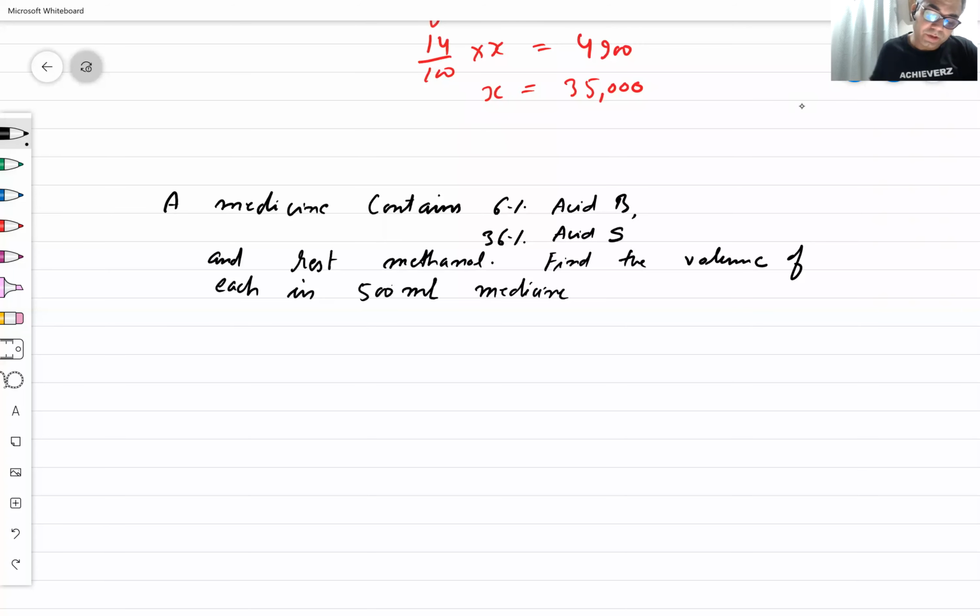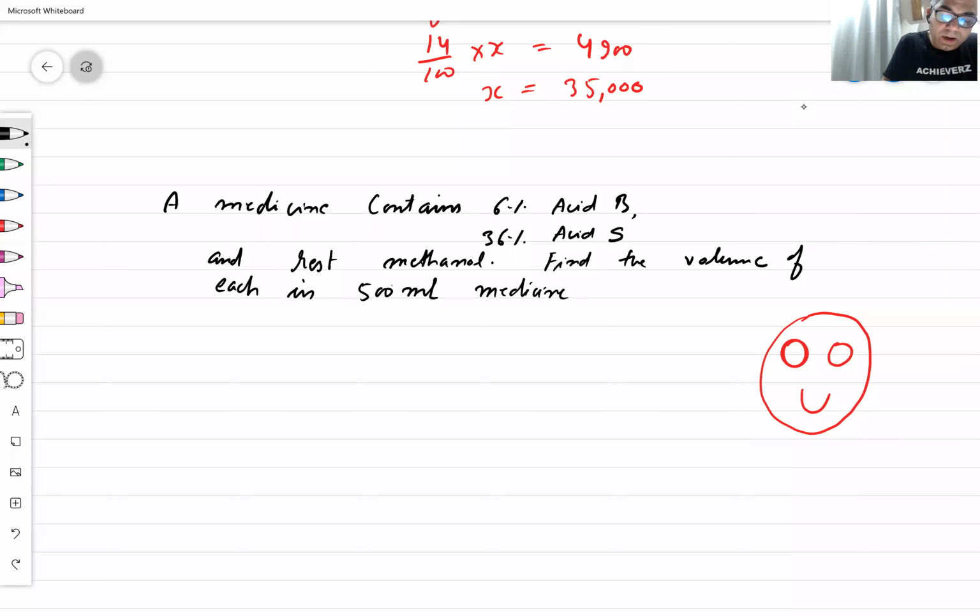Okay, so now the question is, a medicine contains 6% acid B, 36% acid S, and the rest methanol. Find the volume of each in 500 ml medicine. Do it, please.